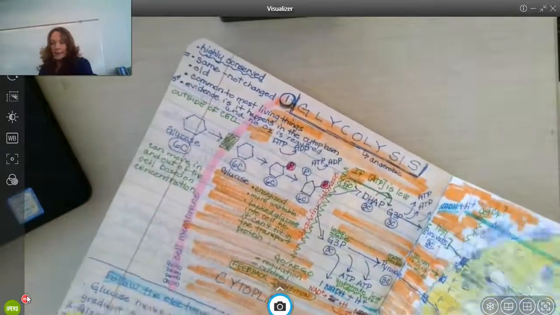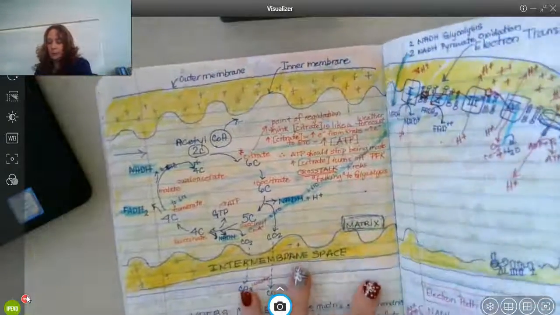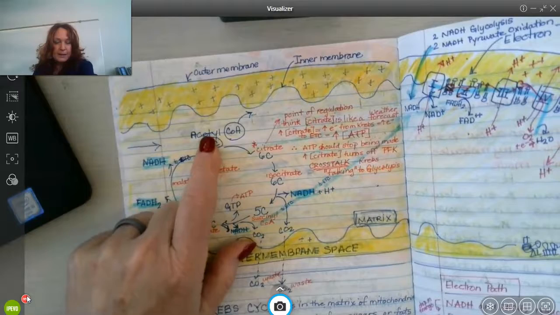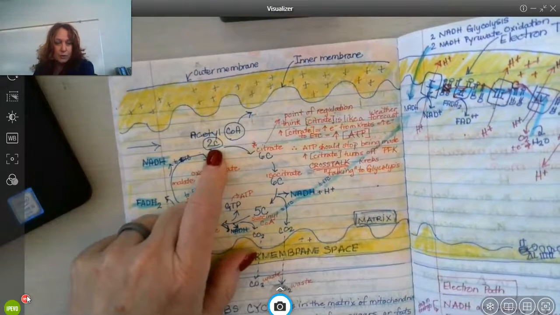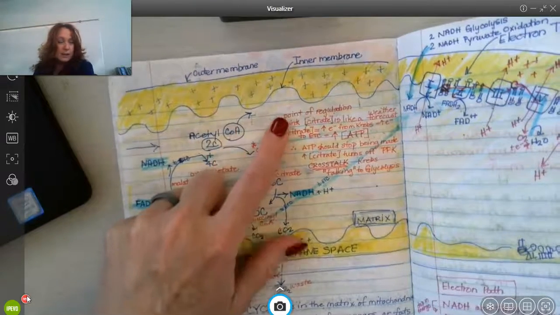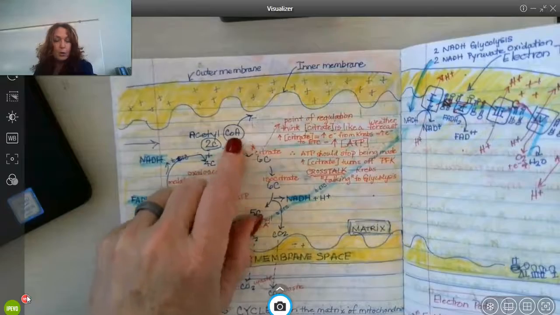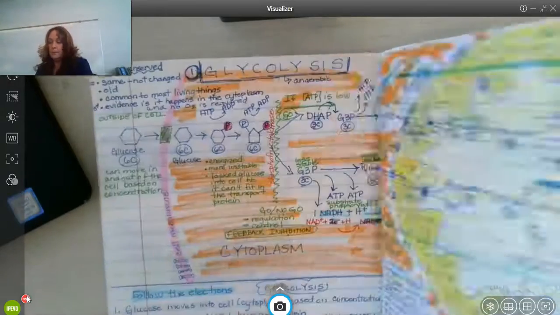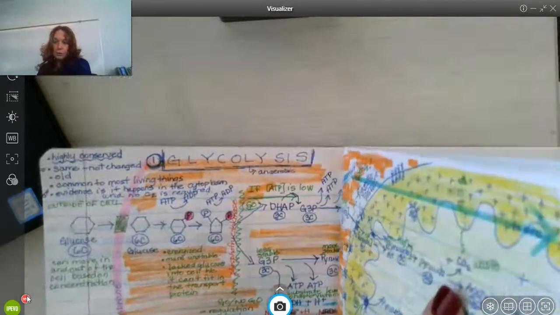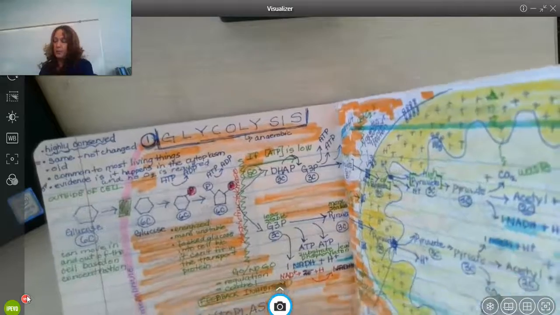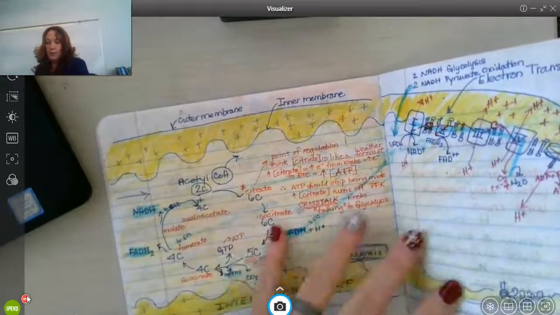So Krebs, you drop the acetyl-CoA into your little garbage disposal. The CoA is immediately recycled. It's going to go and be used again over here for pyruvate oxidation, because we're still in the matrix.